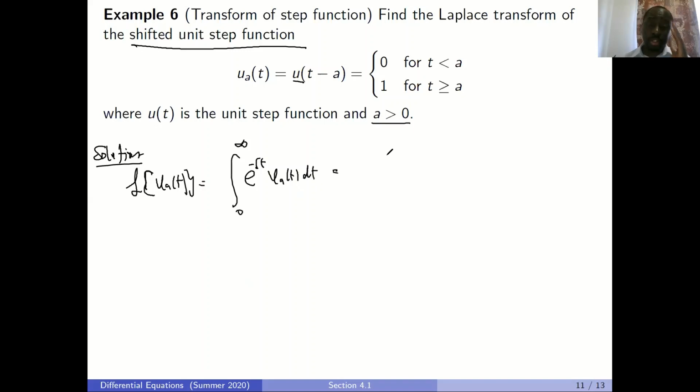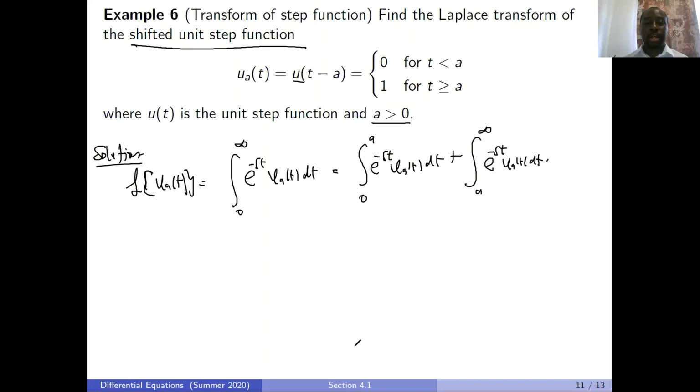Now, since we are interested in the case where a is positive, we can break up this integral as the integral from 0 to a of e to the minus st u_a of t dt, plus the integral from a to infinity of e to the minus st u_a of t dt.